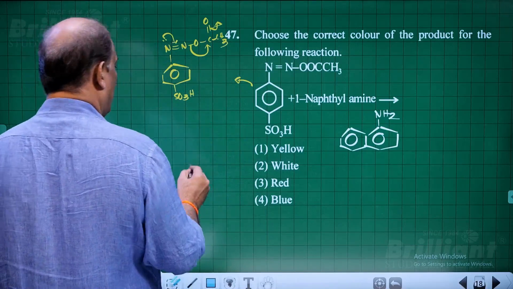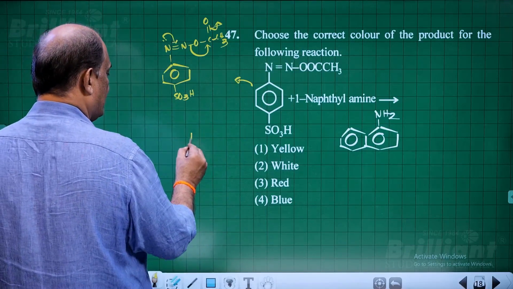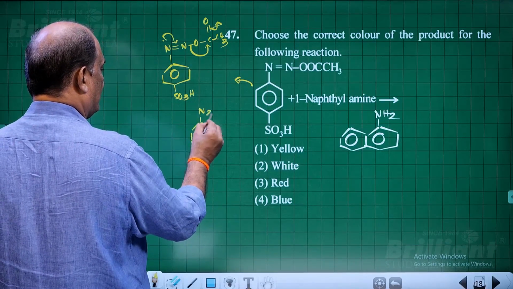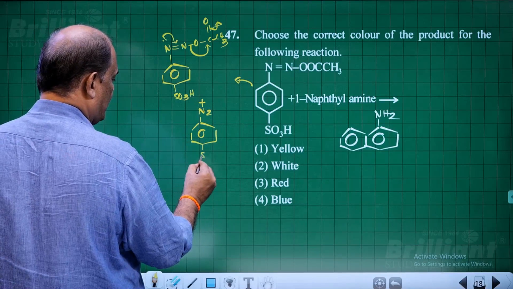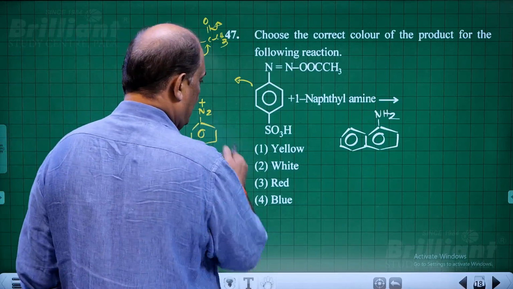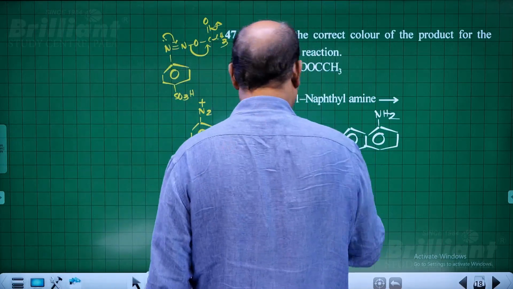So that is going to be released as N2 plus SO3H. Electrophilic substitution reaction. This electrophile generally goes and attacks here.